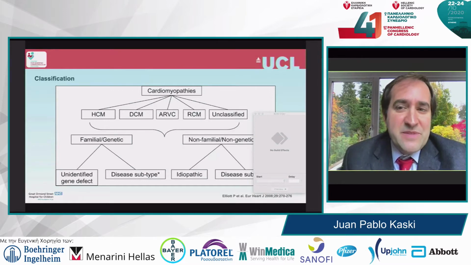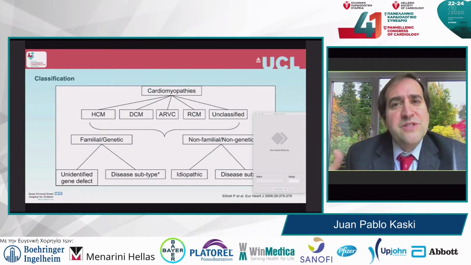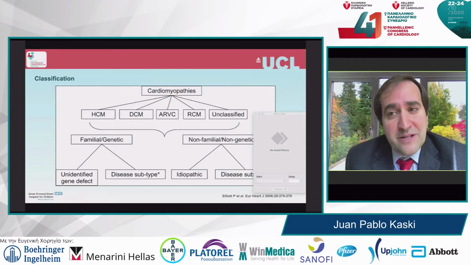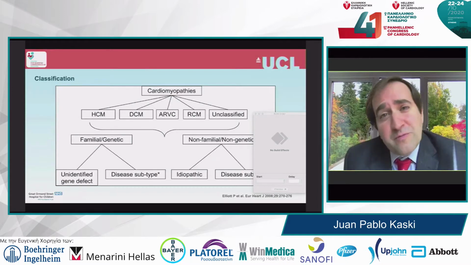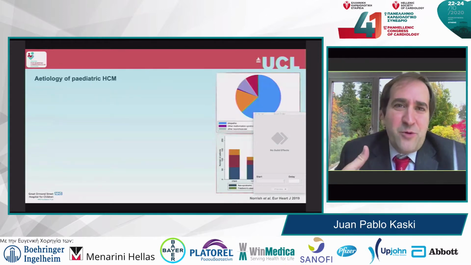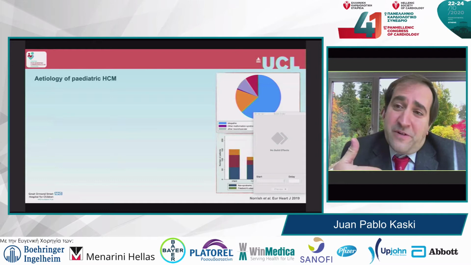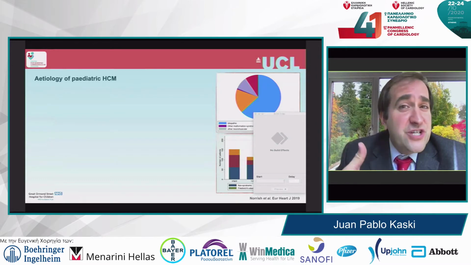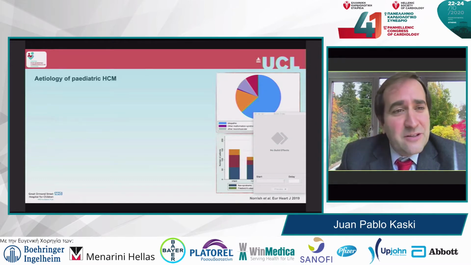These in themselves are not diagnoses, but rather an initial description. We then go on to subclassify the cardiomyopathies into familial or genetic and non-familial, non-genetic causes, and from then on into individual disease subtypes. And in the pediatric population, the etiology of cardiomyopathies is very heterogeneous, much more so than we see in the adult population.